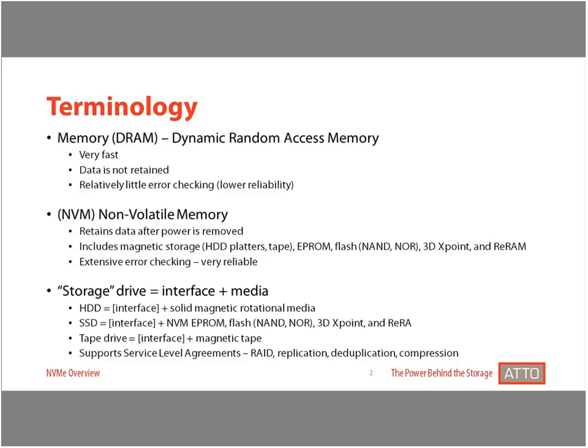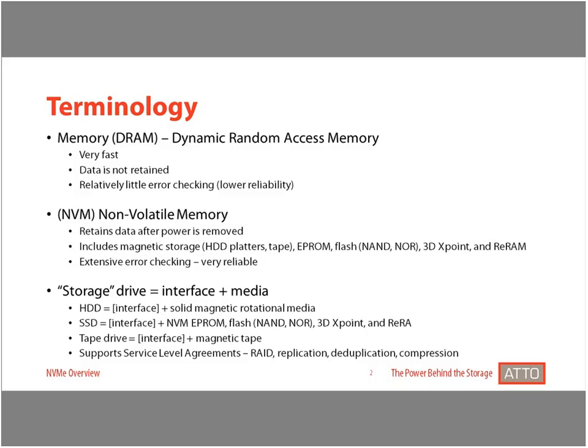Now, what makes the storage drive is the interface and the media. The media being whether it's a hard drive or a non-volatile memory drive, and the interface being whether it's SAS or SATA to connect to that media.